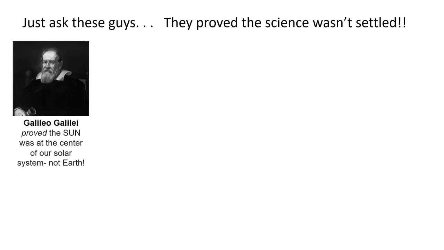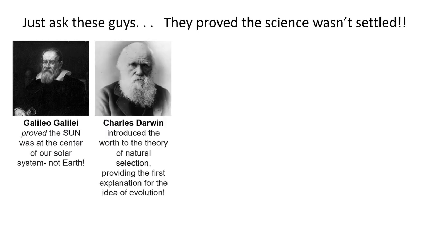So you can just ask these guys because they prove that science wasn't settled. Well, you can't really ask them because they're all dead, but there's Galileo Galilei, who proved the sun was the center of our solar system, not the Earth. That's a huge deal because for years and years the consensus was that the sun revolved around the Earth, and he proved it wrong. Darwin introduced the theory of natural selection, providing the first explanation for the idea of evolution.